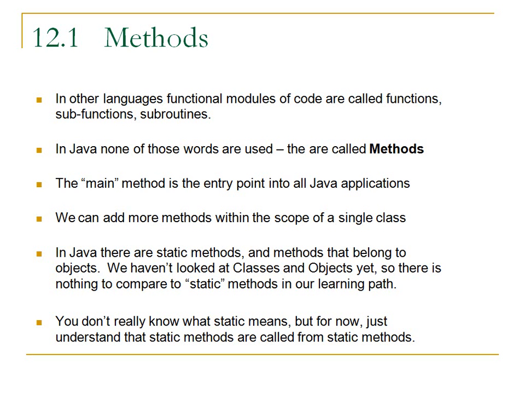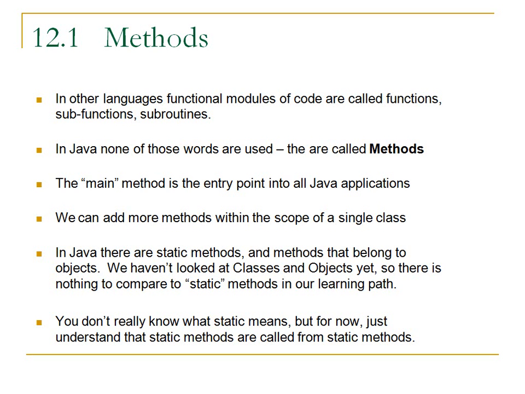The method that we've been using all along is called the main method, and that's the entry point, or where the program starts executing for all Java applications. We can add more methods, as many as we like, even within the scope of a single class. And that's where we'll start. We'll define functional modules called methods within the same class, and we'll call those methods from the main method.